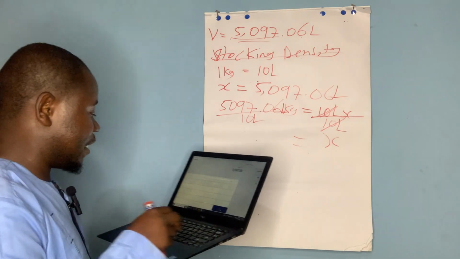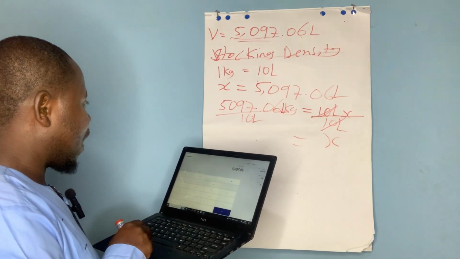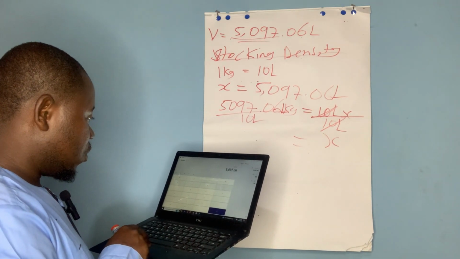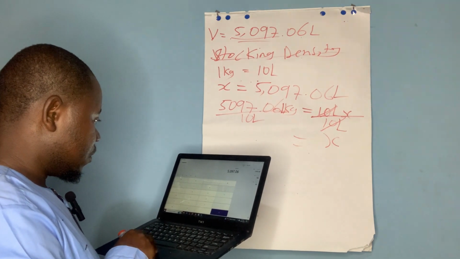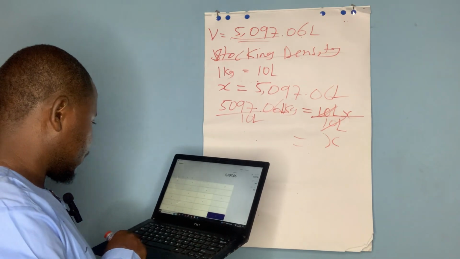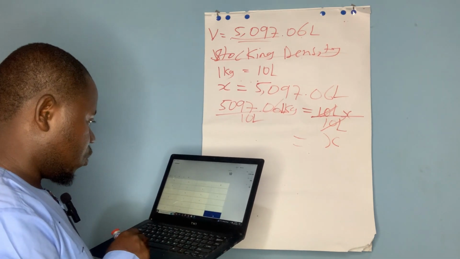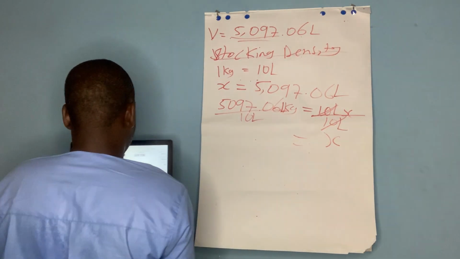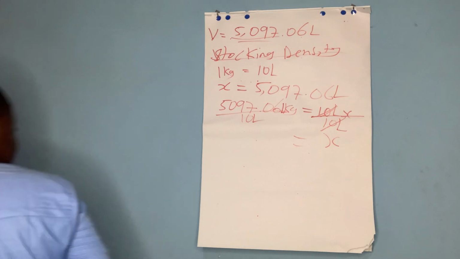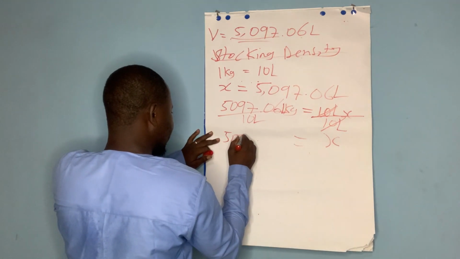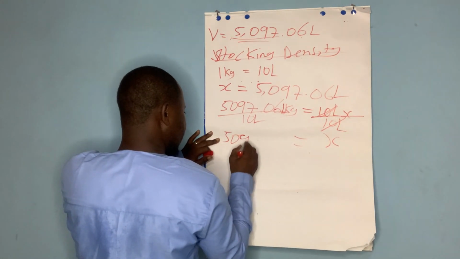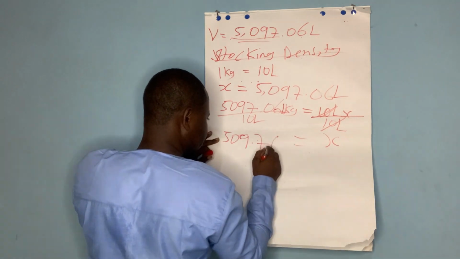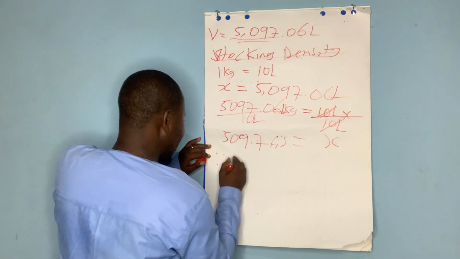So let's divide 5,097.06 by 10. So we now have our x is equal to 509.7 fish.